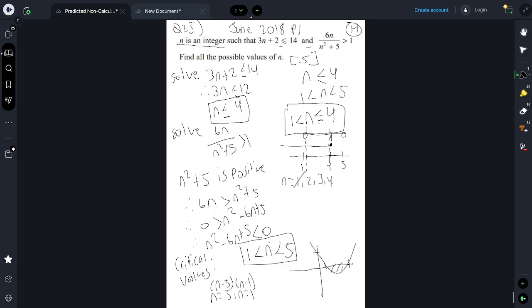That is also possible. Anything above 4 falls out, and we can't have anything less than 1. So actually, these three are our solutions. Our final solution is n is 2, 3, 4. I draw a different bubble to indicate this is the final answer. And that is our solution here.